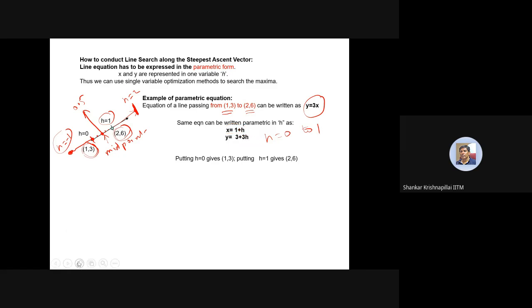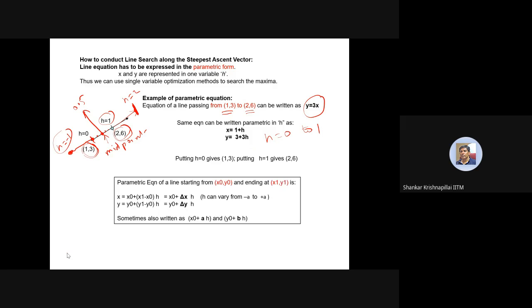So what is the method of getting this parametric equation of the line? The formula for obtaining the parametric equation of a line starting from x0, y0 and ending at x1, y1 is this one: x is equal to x0 plus (x1 minus x0) into h, y equal to y0 plus (y1 minus y0) into h.